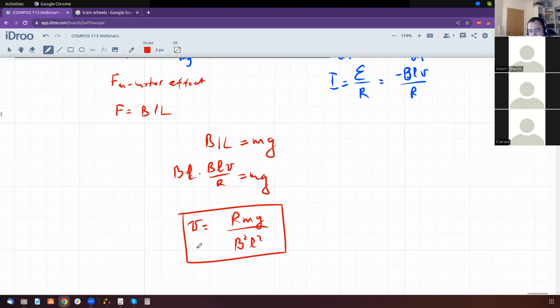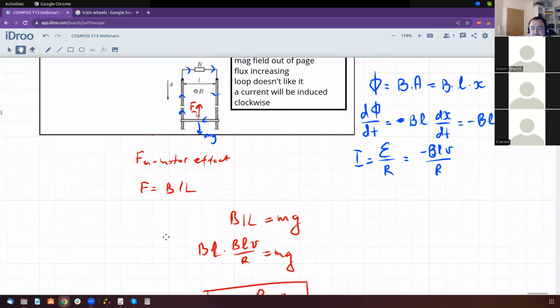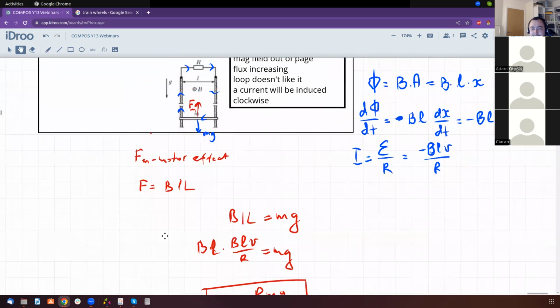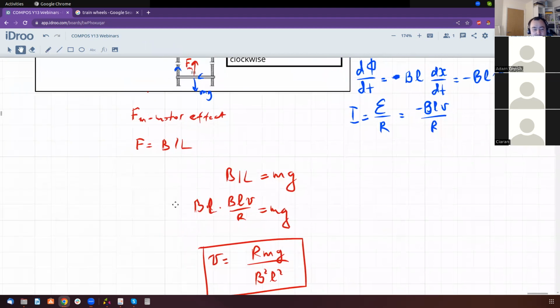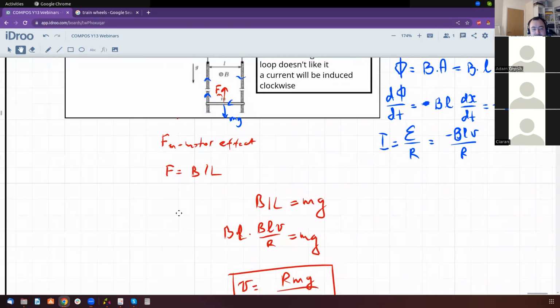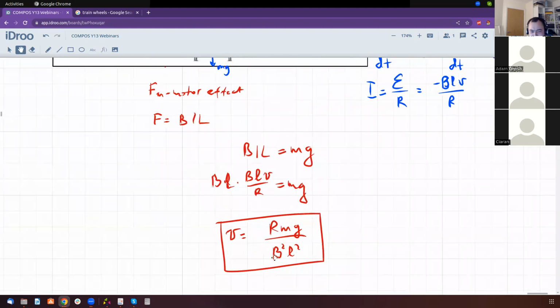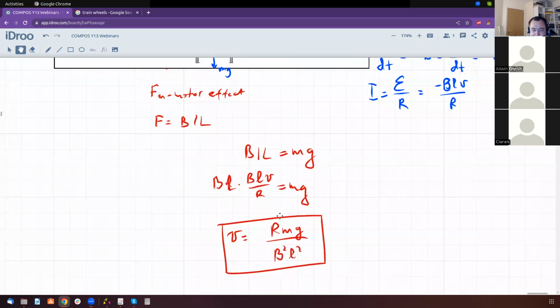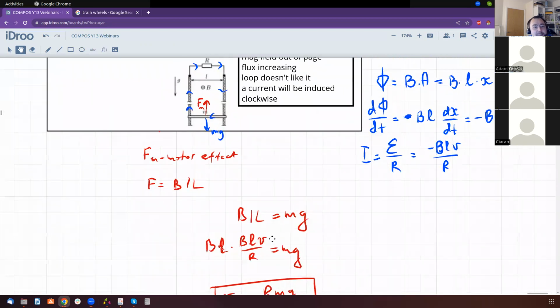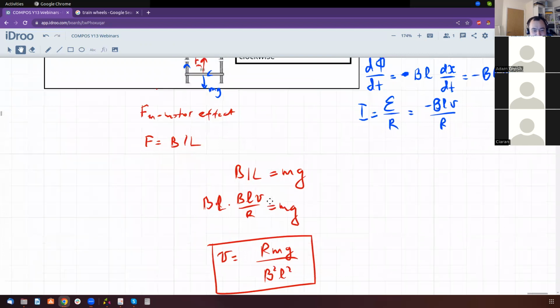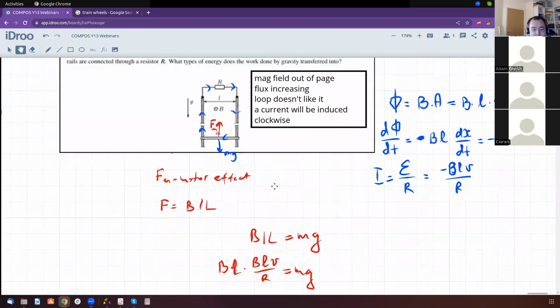I kind of have doubts about this. Like BLV. No, it looks right. Looks right. The answer just looks a bit horrible with squares. Okay, so that's problem 6.